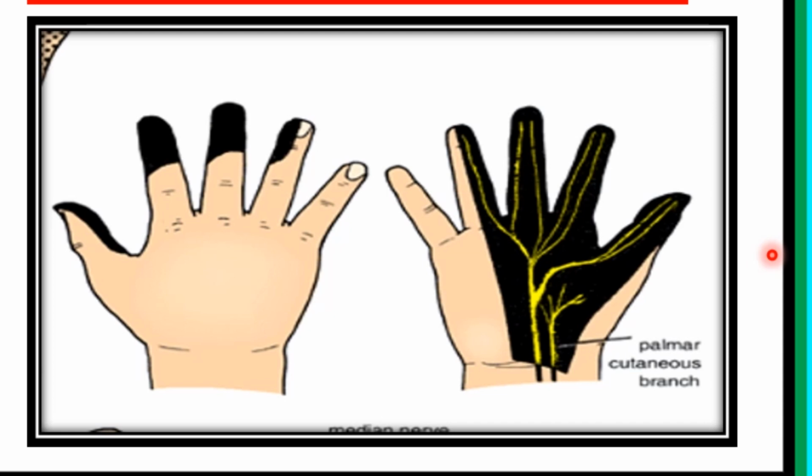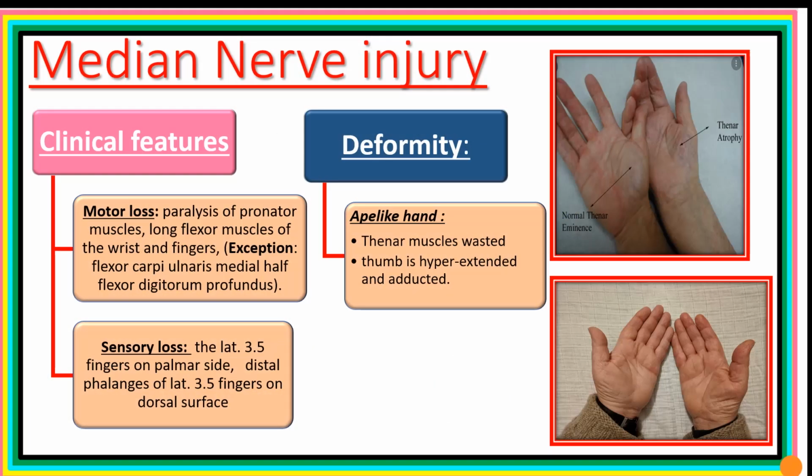Now we also see loss of cutaneous sensation on those three areas of median supply in the hand. We're looking at the lateral two-thirds of the palm, the lateral 3.5 fingers, and the distal phalanx of the lateral 3.5 digits, which are these ones. So we'll look at the clinical presentation of this median nerve injury.